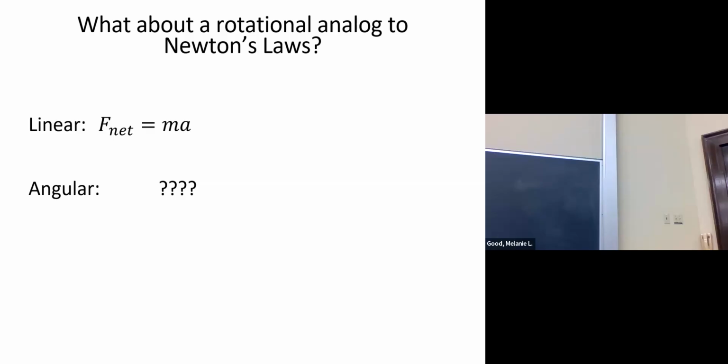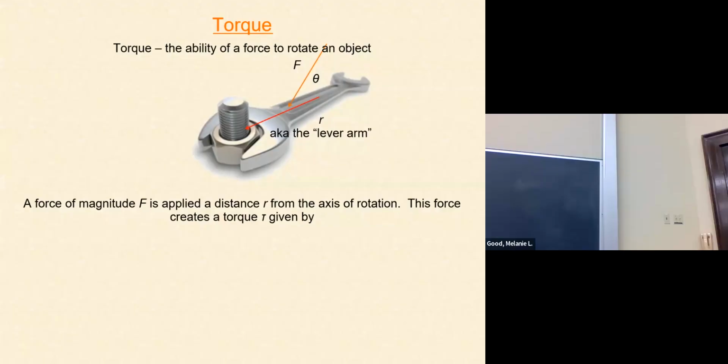We might have an everyday sense of what torque means, but let's go ahead and define it. Naively, you could think about torque as the ability to rotate something. And it has to do not just with the force that's applied, but two things: where it's applied and what angle it's applied at.